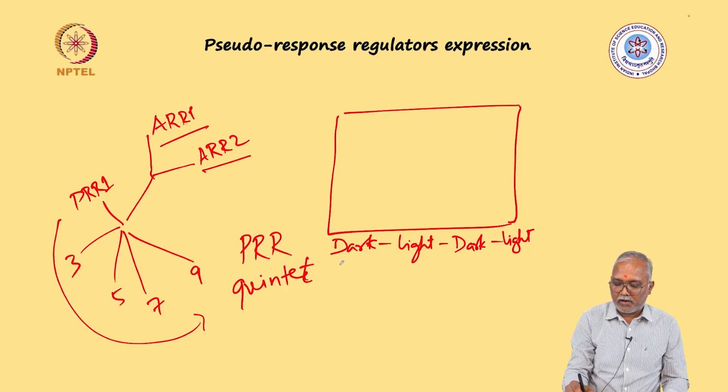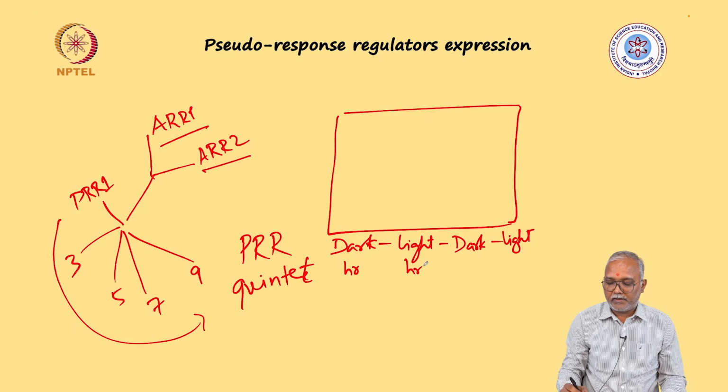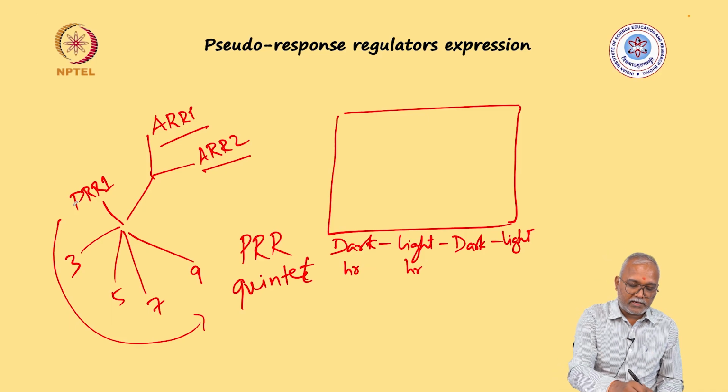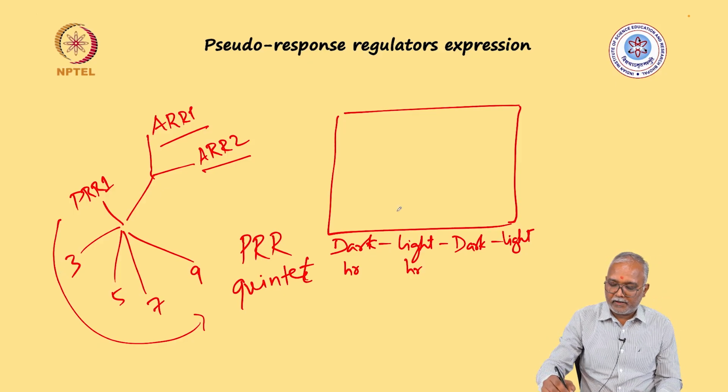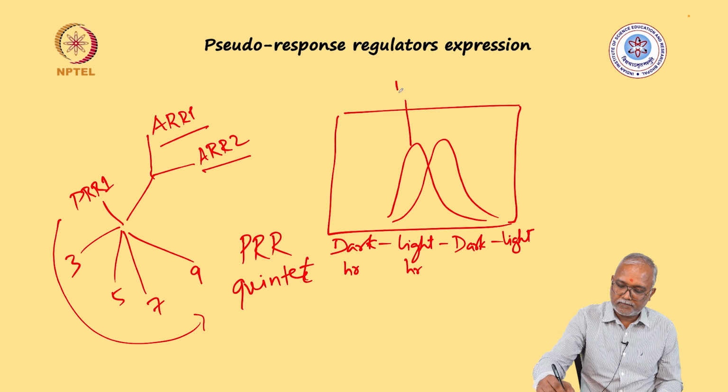It undergoes certain hours of dark period and then certain hours of light period, and notice how the expression of these molecules changes. So what you would notice is that there is a kind of relation of different PRRs coming and going.